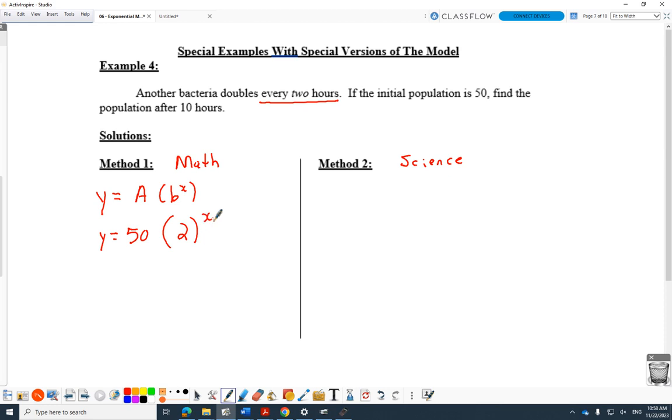It says find the population after 10 hours. After 10 hours, I'm going to put a dot, dot, dot. I'm going to go y equals 50. And I need somebody that's really reading the question and understands what's happening to go, what x value would I use if 10 hours have passed?